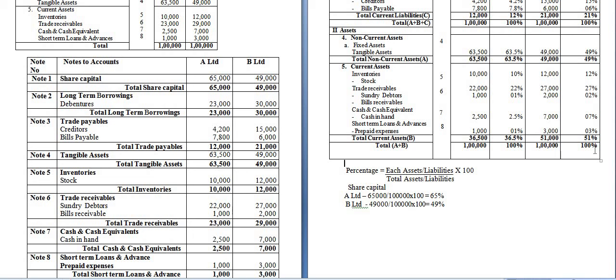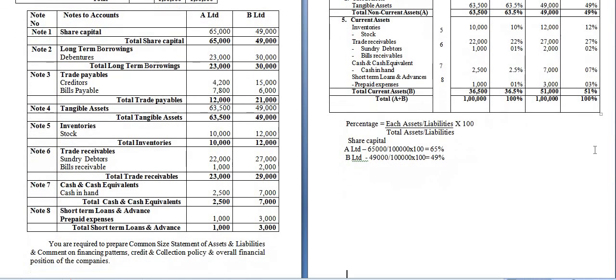Okay. So we are done with the first part of the question. Next one, we have to write what? Interpretation on the financing pattern of the firm, the credit collection policy of the firm, as well as the overall financial position of both the companies. Okay.